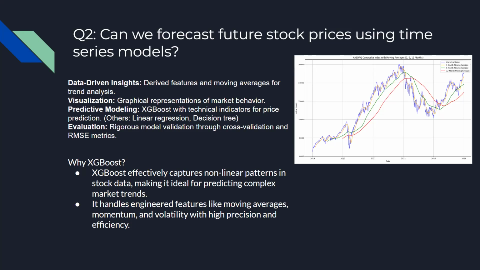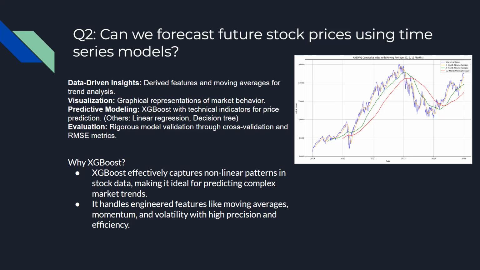Other models that we used were linear regression and decision tree models, but XGBoost is basically a combination of multiple decision tree models. So that was the choice, and the evaluation of our model was through cross validation and RMSE, root mean square error metrics.